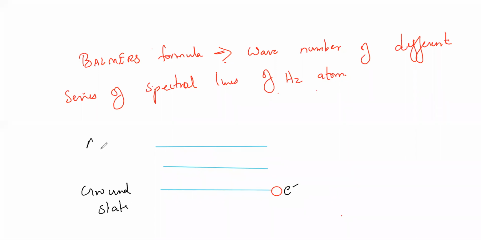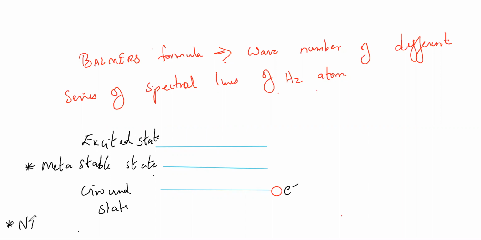And this is my excited state. The third one is called the metastable state. This is not there in your textbook, and you need not know about it. It is not required.